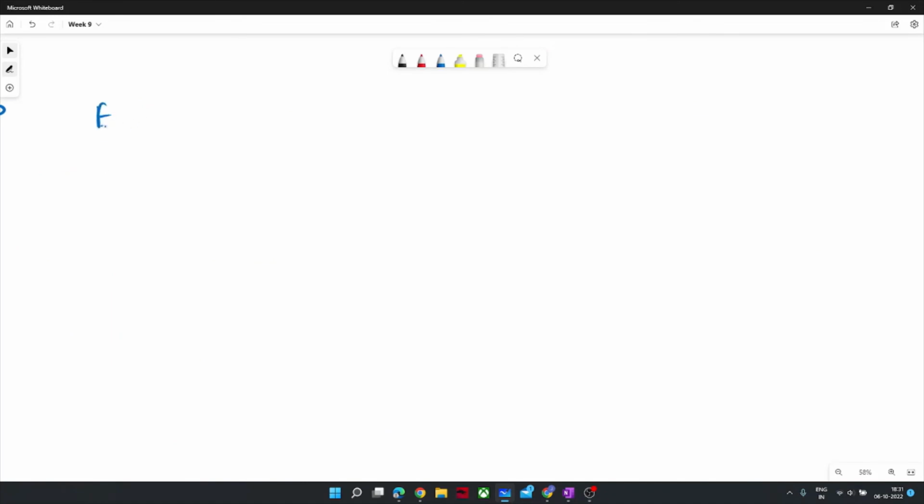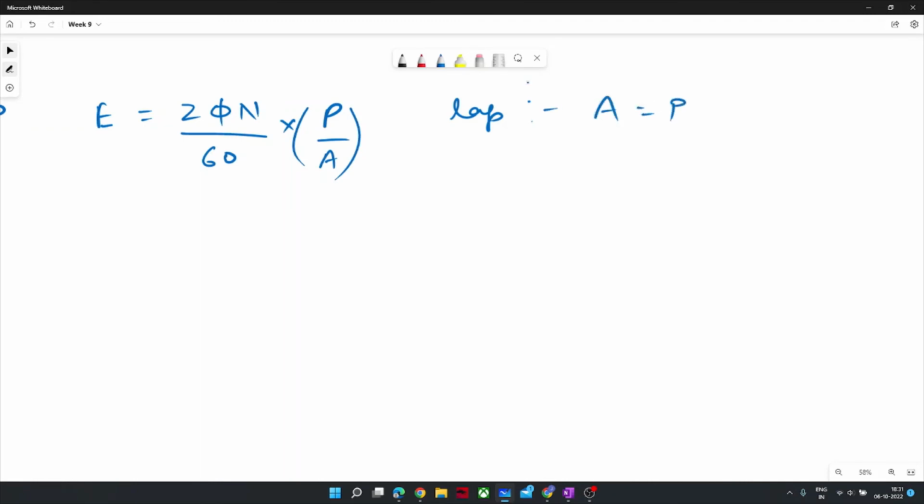We all know back EMF in a DC machine is equal to Z phi N by 60 into P by A. Since it is a lap connection, A is equal to P, so this will get cancelled out.